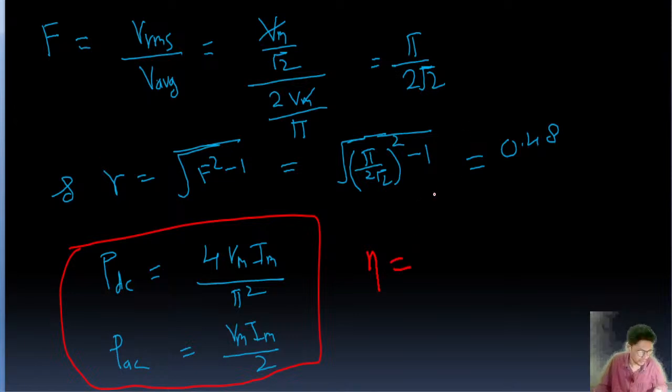If you solve it, eta's value is going to be 8 upon pi square, which is 81.06%.